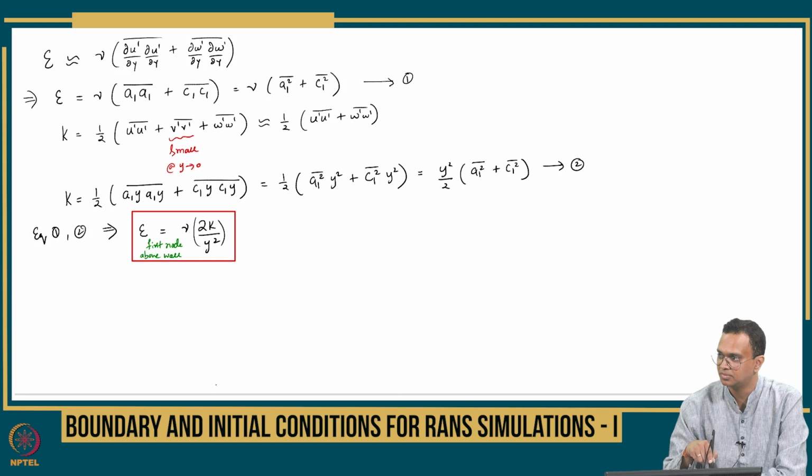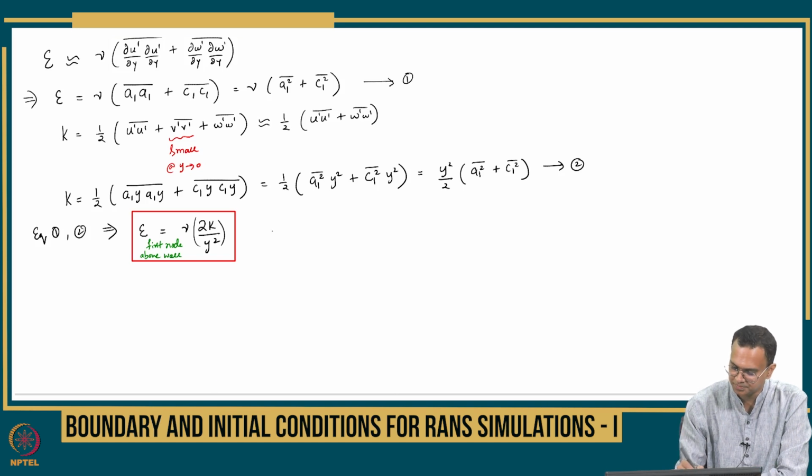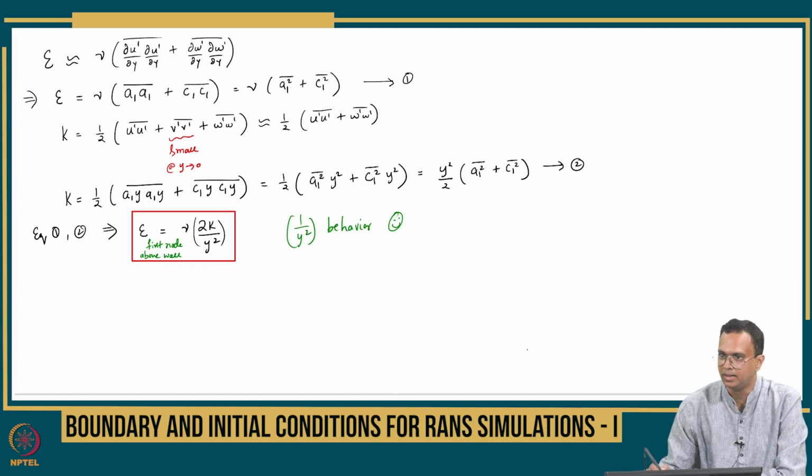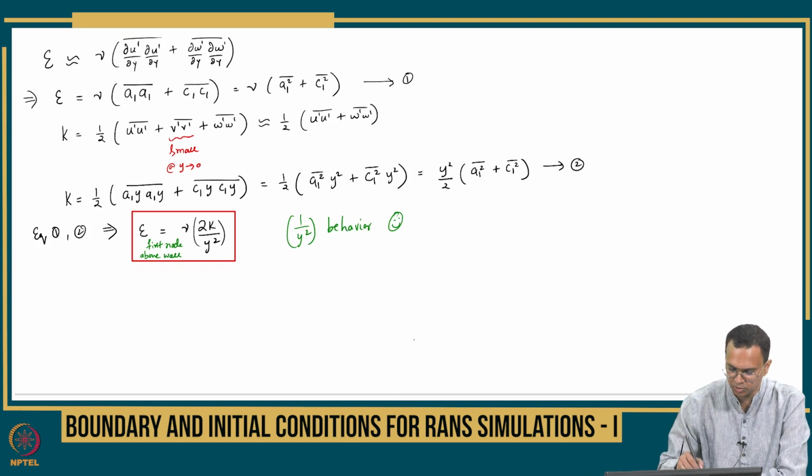As you approach wall, suddenly you get epsilon very big, right? Now you see suddenly it has 1 over y square behavior. For modeling, right, the exact one doesn't have, but for modeling idea it is coming as 1 over y square. So as you approach wall, epsilon will increase. Okay. So this is one good condition that can be used, option 2.